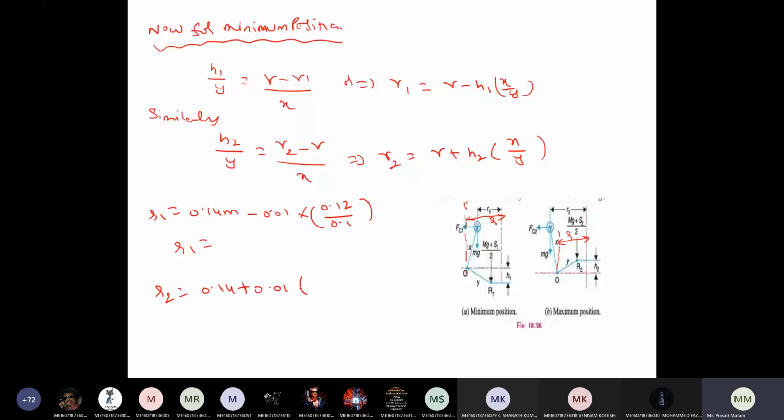From this get the r2 value. r2 I am getting as 128 mm, that is 0.128 meters. Can anyone tell the r1 value?